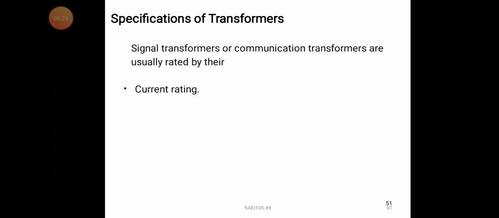Now we will discuss the specification of transformers.